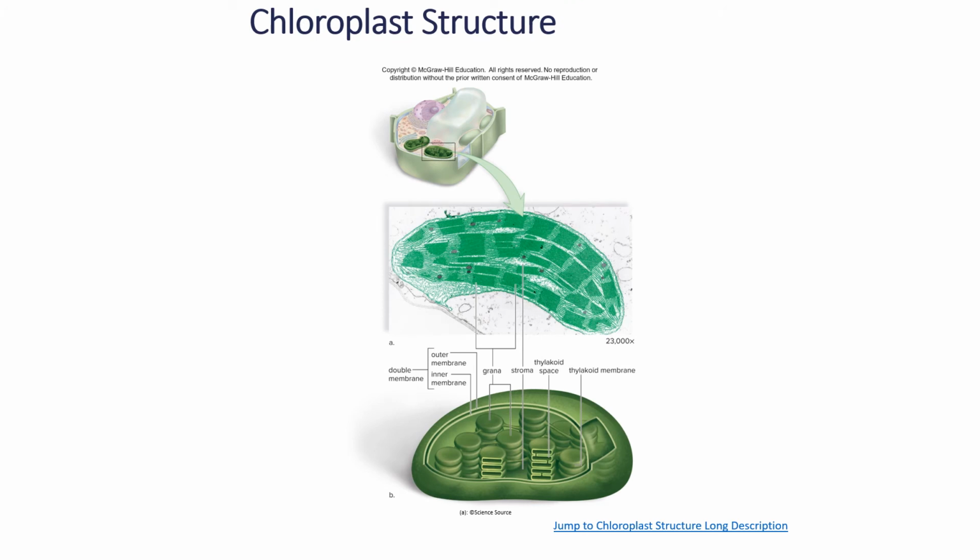For this chapter, just know that chloroplasts are in plant cells, and they are used for photosynthesis.